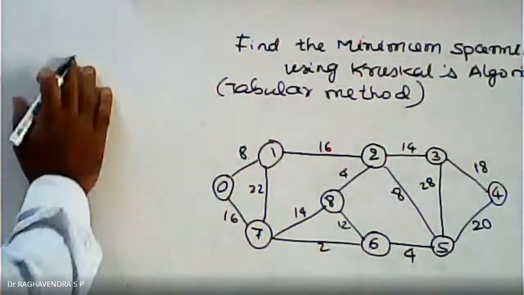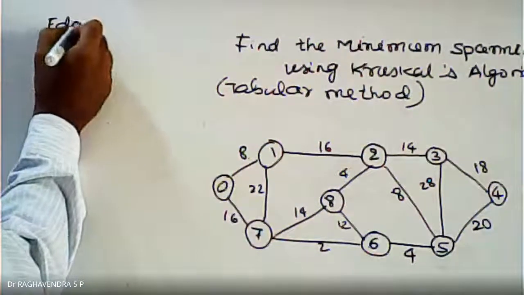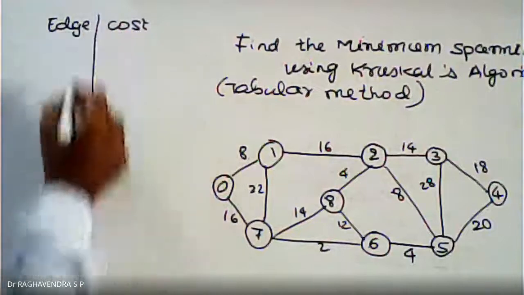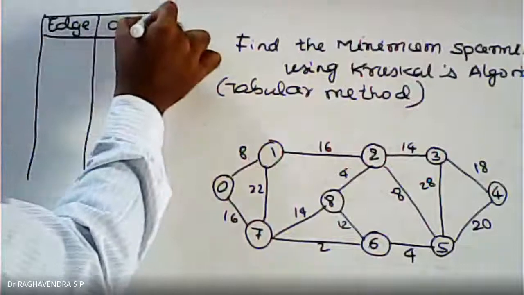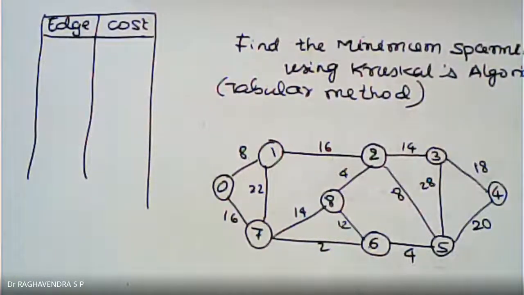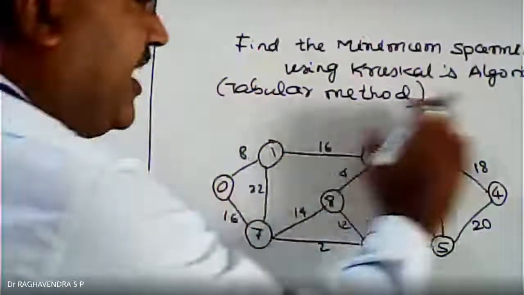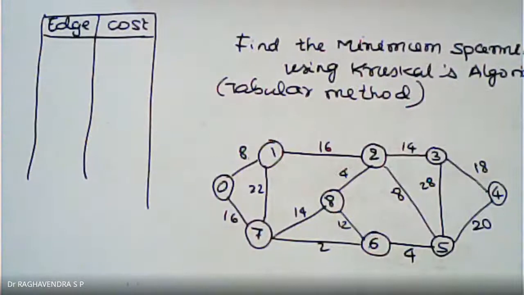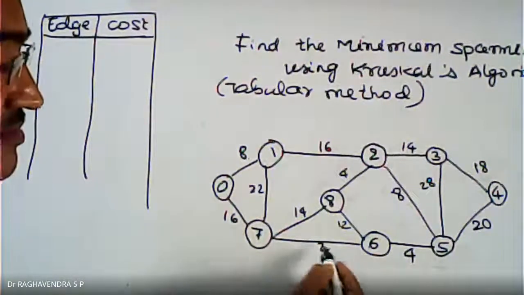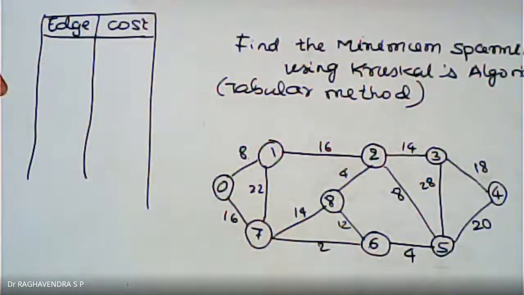Now you have the table written. See here, this is the edge and this is the cost. Everyone write this table, one column for edge and another for cost. Now identify the edge which contains the lowest value.